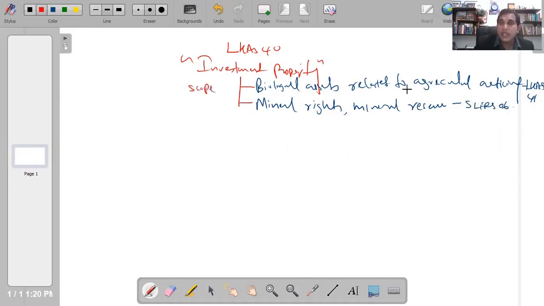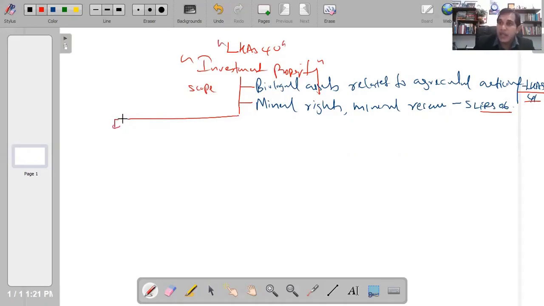So these two things would be recognized and measured based on these specific standards, not the investment property standard. So these two things are eliminated. Other than these two, all investment properties should be recognized and measured based on LKAS 40.